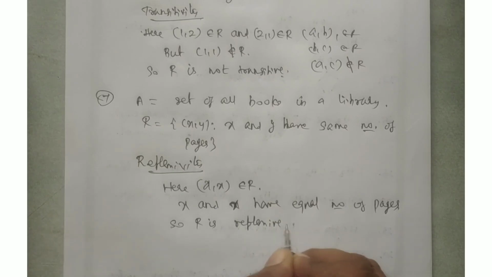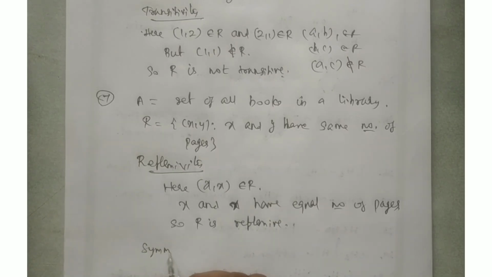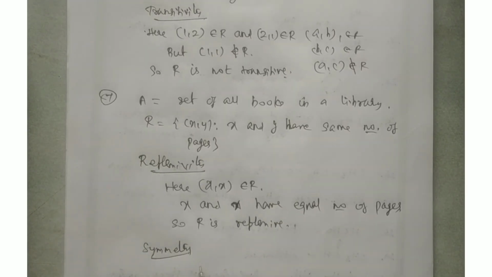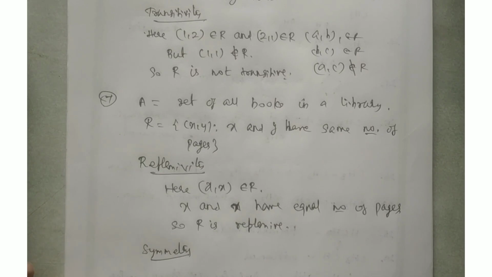Next, symmetry. What about symmetry? Symmetry means if (a, b) belongs to R, then I need to show that (b, a) also belongs to R. That is called symmetry. Clear? So see the symmetry.